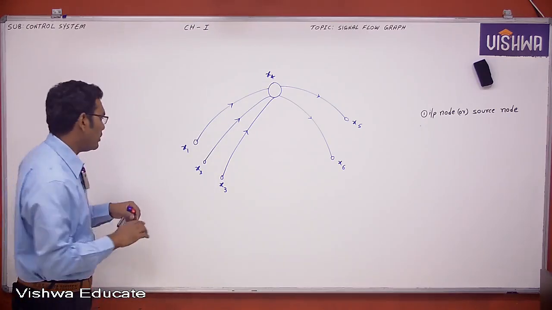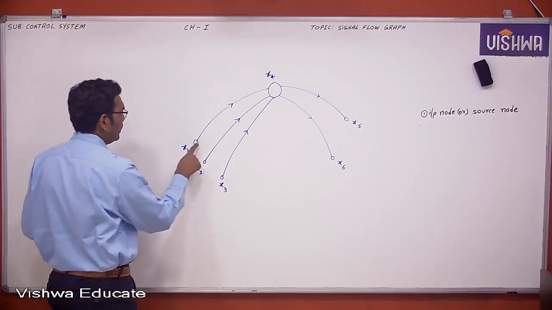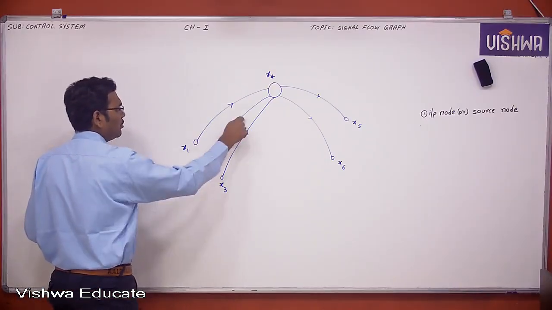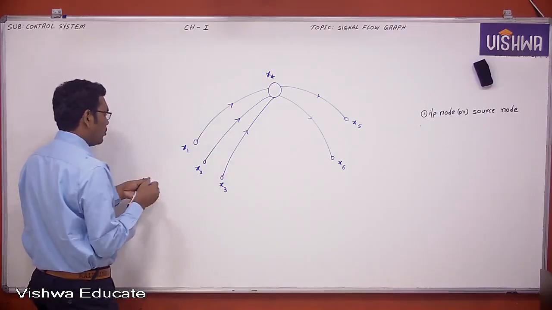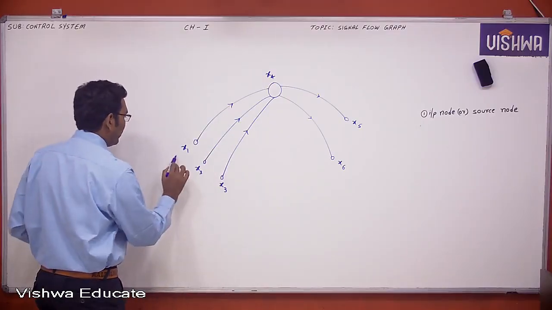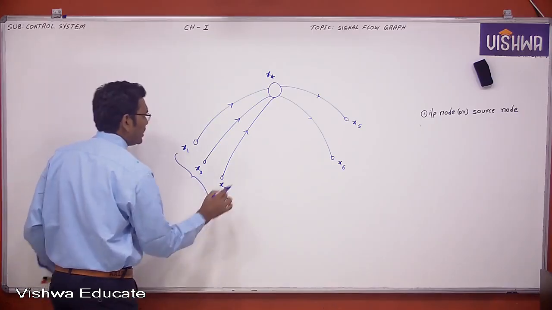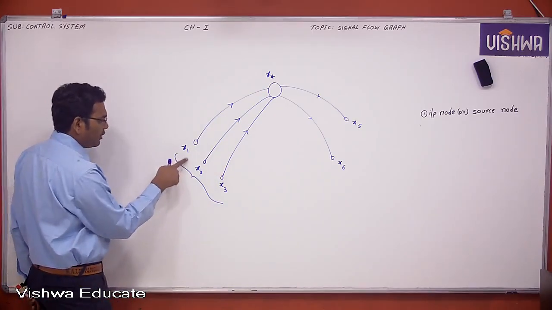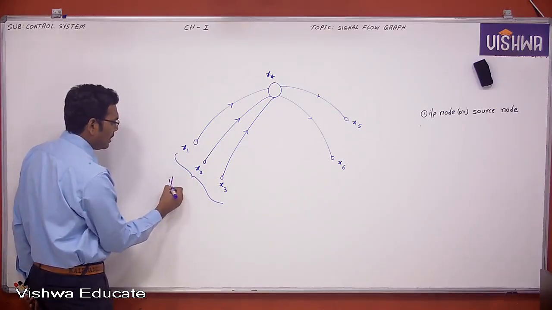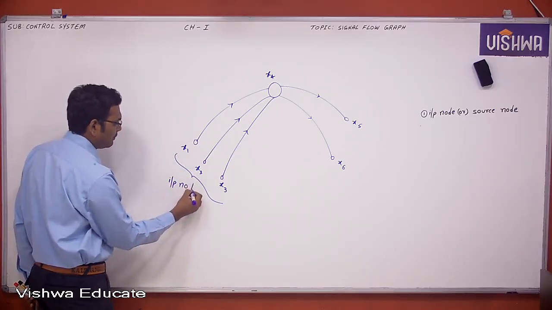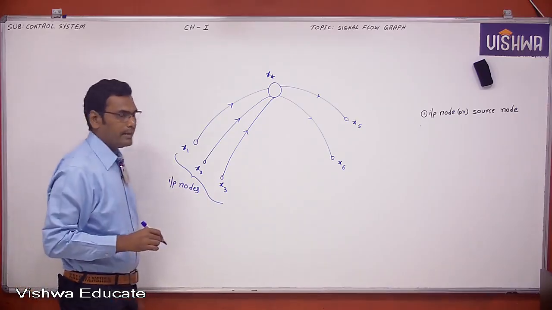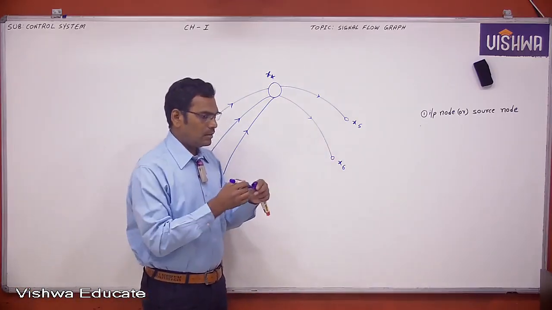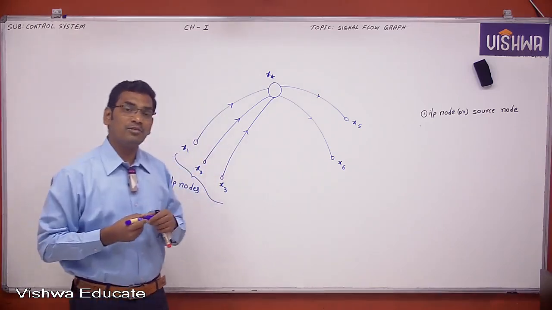This node has only outgoing branches, and this node also has only outgoing branches. So the nodes having only outgoing branches are input nodes or source nodes. Therefore x1, x2, x3 are input nodes. This is the definition of input nodes or source nodes.